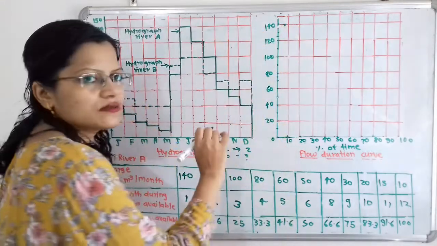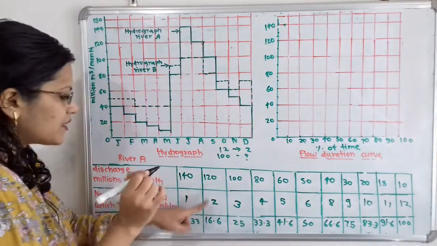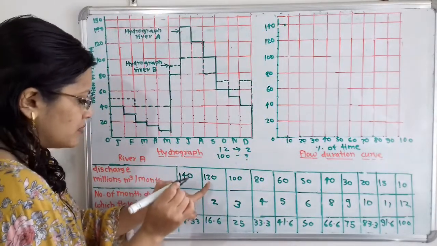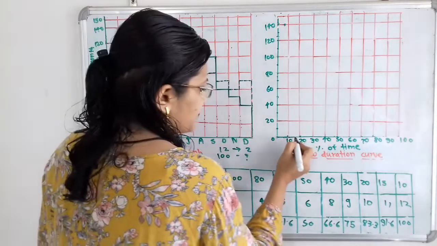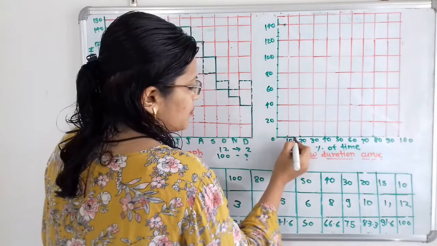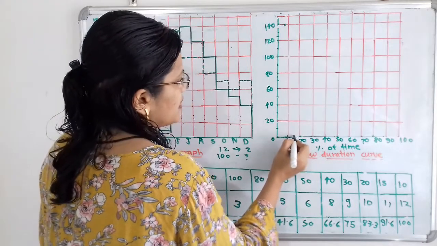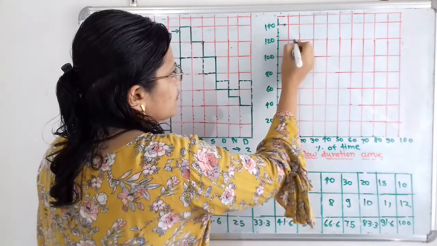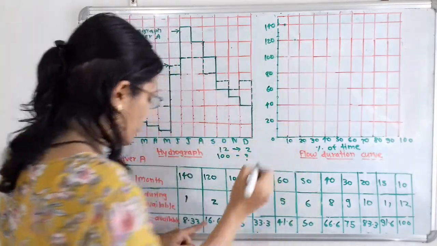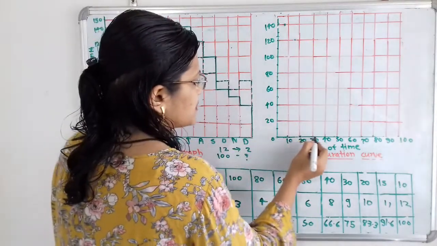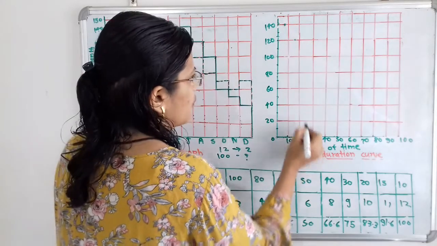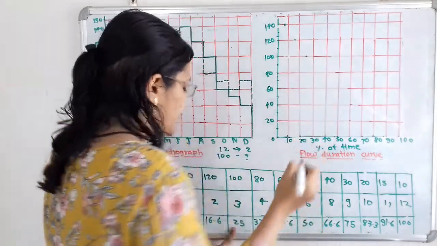So I will select here one point. In the same way we have to select the next point, 120, 16.6. So here the middle point is 15, so after that it is 16, but the discharge is 120. So I will plot here one point. Then 100, it is 25. So 25, that means in between 20 and 30. So for 100 I will plot here the middle point.